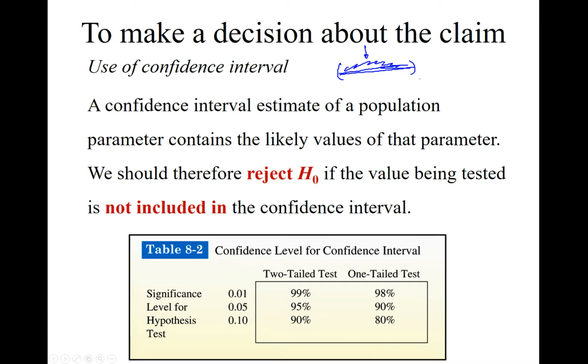So if the hypothesized parameter value in H0 falls inside, that means it is something you are confident about. In that case, you don't reject H0. If the value falls outside, either here or here, then you reject H0.